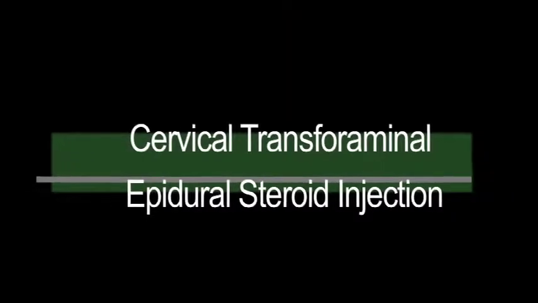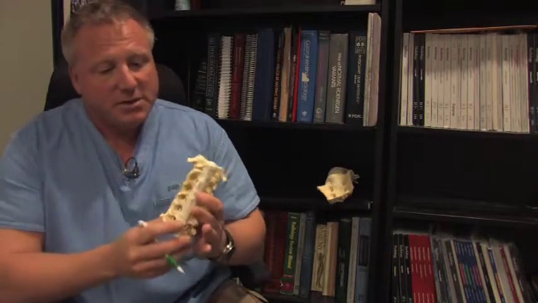Also, for those of you who are here for a cervical injection, either into a cervical facet or a cervical transforaminal epidural steroid injection into the neck region, I wanted to tell you that basically everything is exactly the same. You can see here this is a model of the cervical spine, again would be roughly about like this on me.